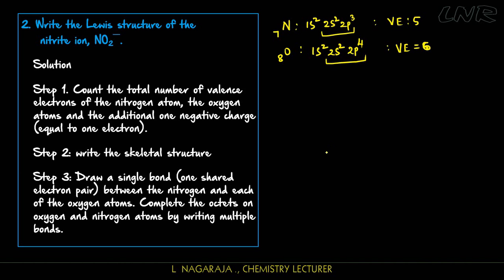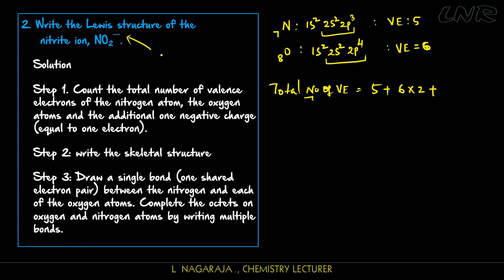So the total number of valence electrons is 5 plus 6 into 2, since there are 2 oxygen atoms in the molecule, plus 1, since there is one negative charge in the ion, right?